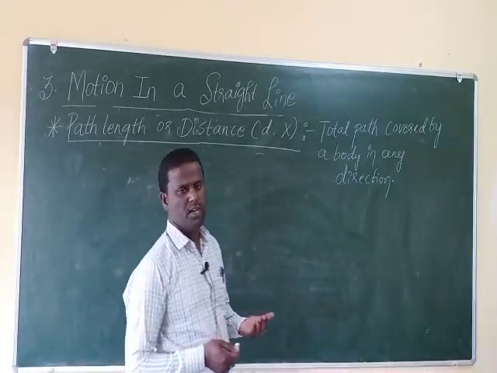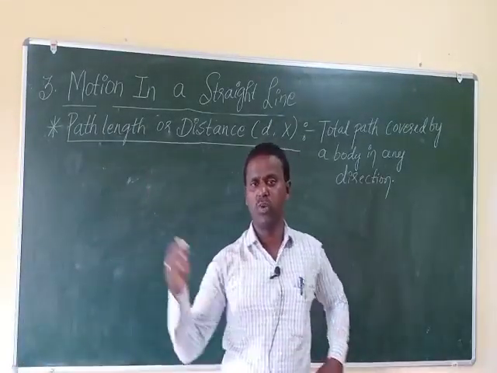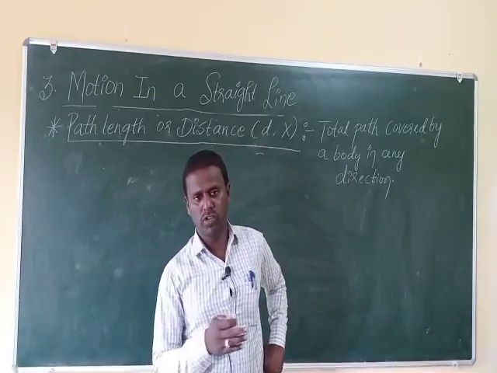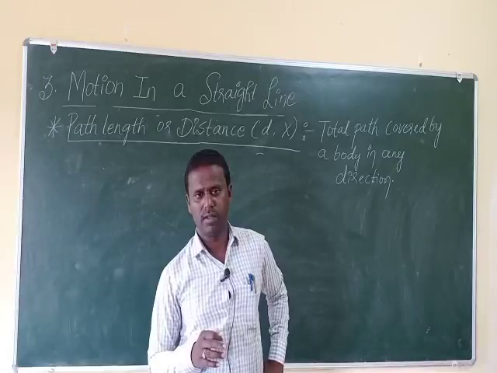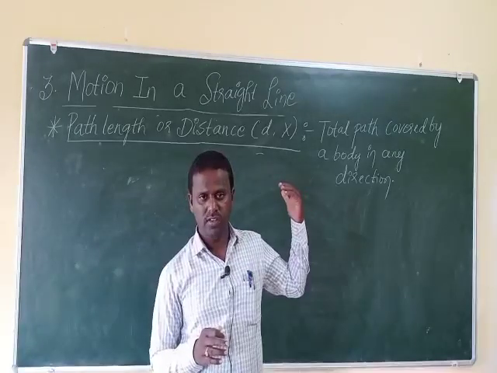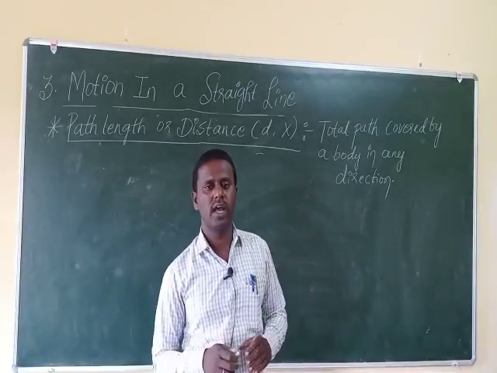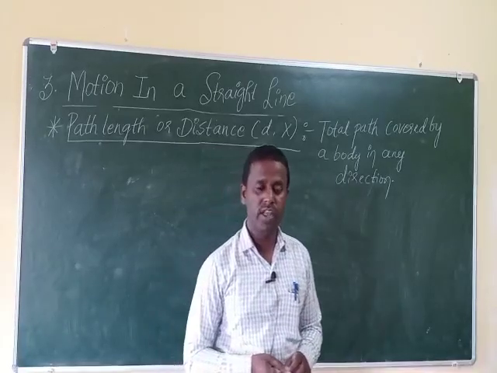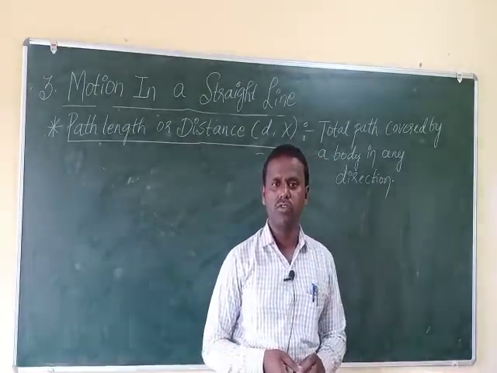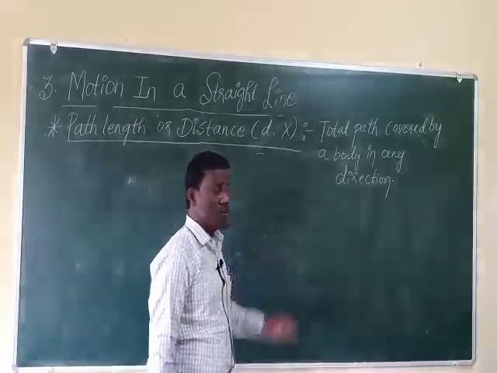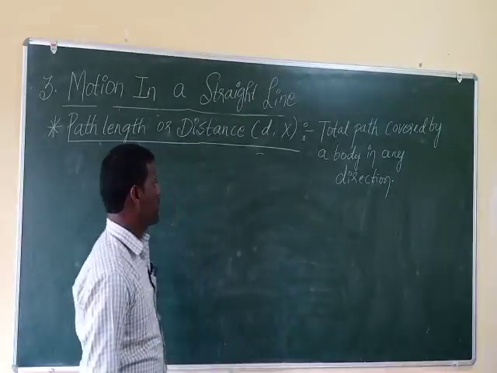Centimeter can also be used. The biggest unit is kilometer, the smallest unit is centimeter, and the common SI unit is meter. As here there is no preference for the direction, it comes under scalar quantity. Distance is a scalar quantity, right?